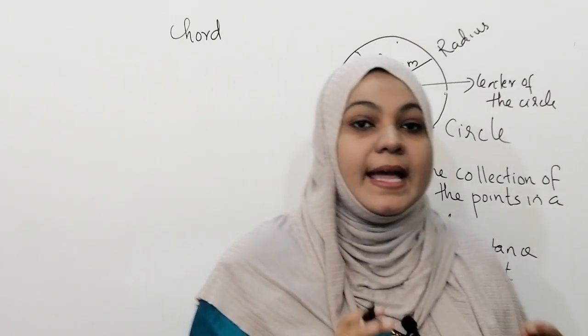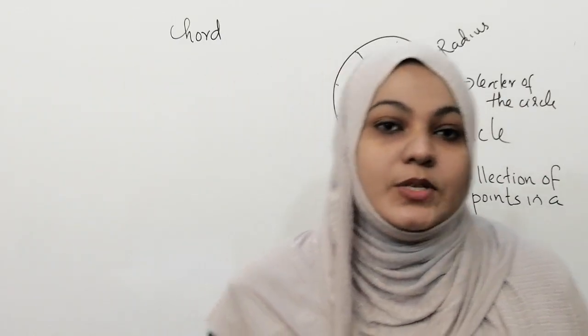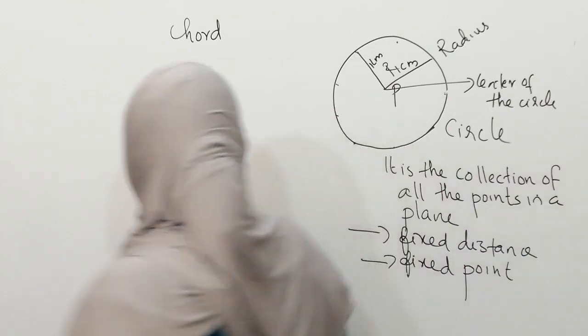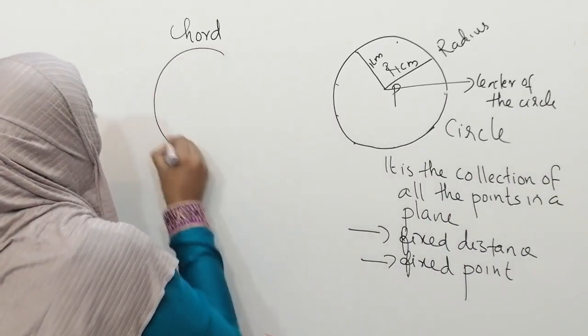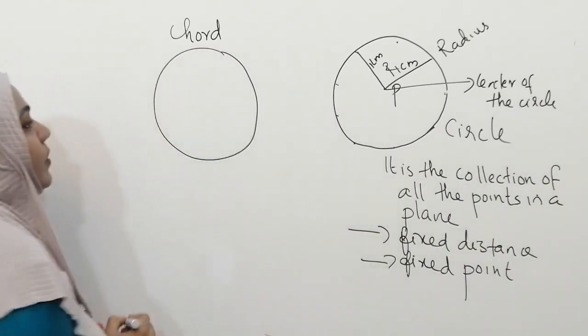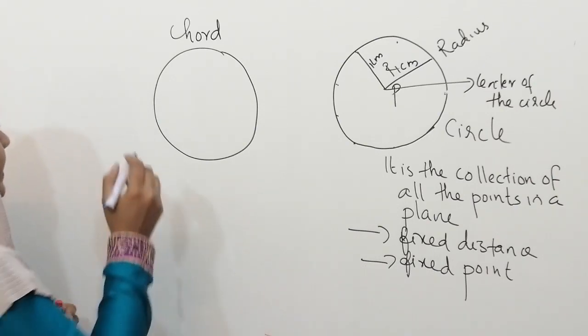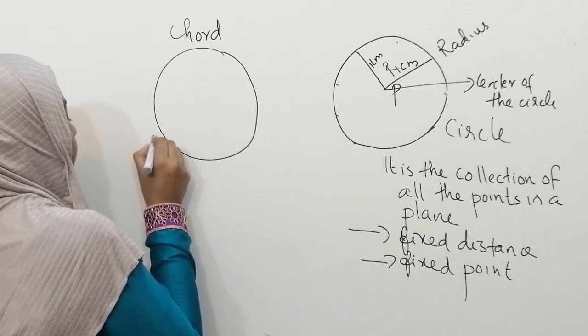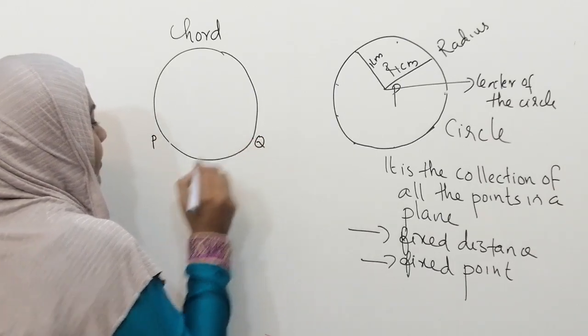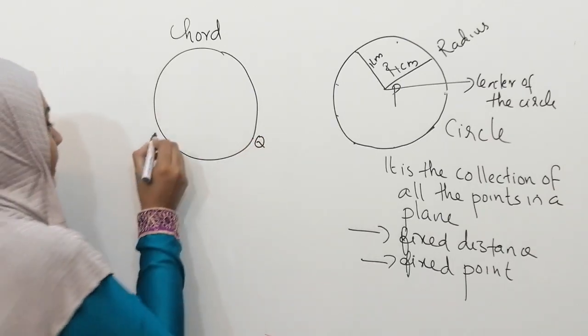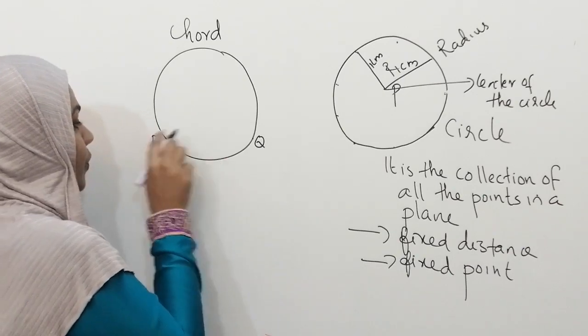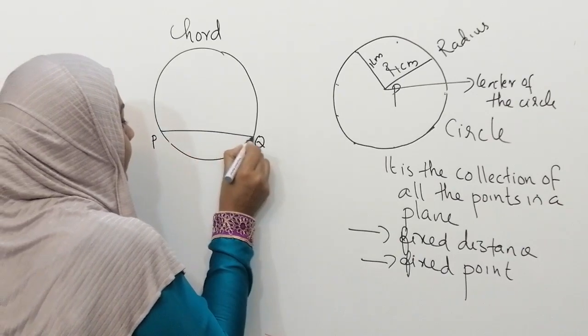Chord means it is the line segment that joins two points on a circle. So here I am drawing a circle now. What I said, the line segment which joins two points on a circle. So I am marking here P and Q. I said the line segment joins two points. So now I am connecting these points.